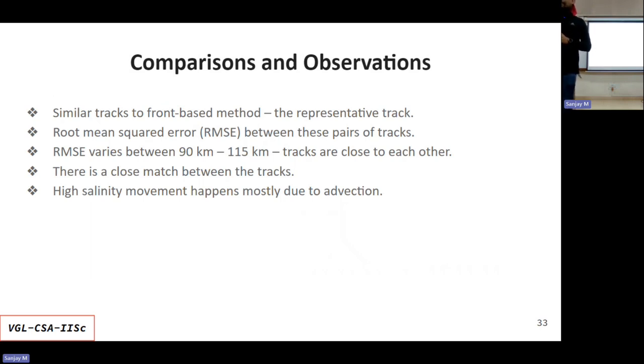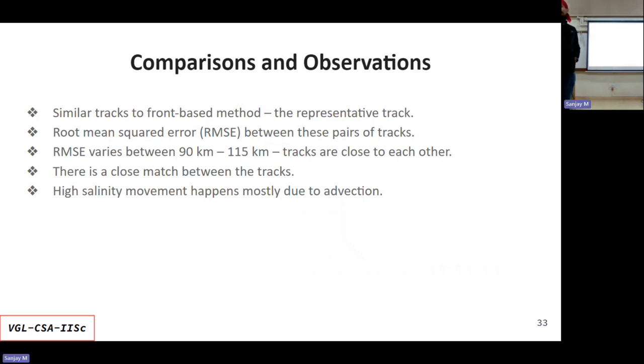We did a distance comparison on both of them, and the maximum distance between them comes down to somewhere between 90 and 115 kilometers, which is around a degree in the Bay of Bengal.